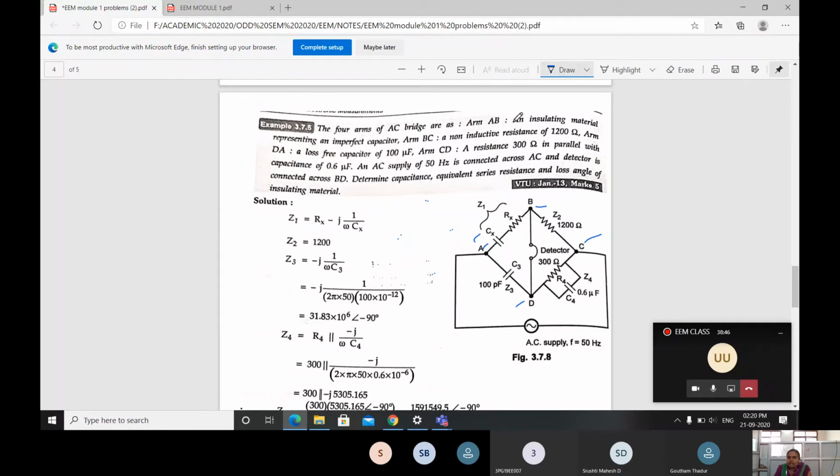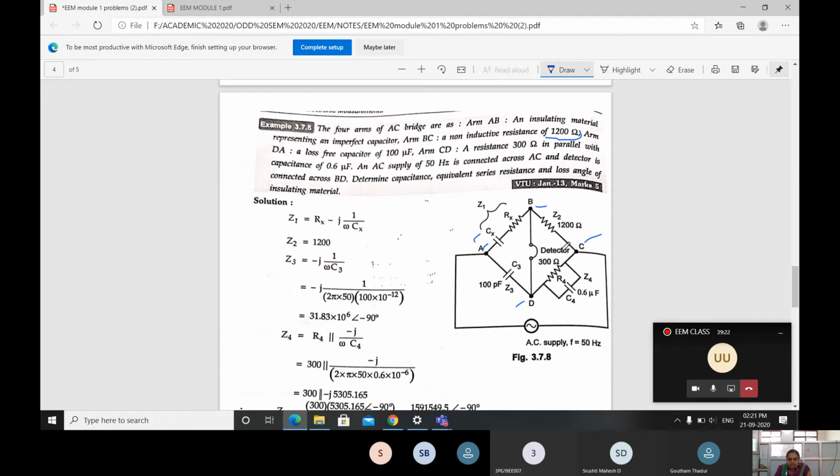Arm AB is an insulating material representing an imperfect capacitor, that is, a resistance with the imperfect capacitor. For that reason, Rx and Cx are connected. Across BC, a non-inductive resistance of 1200 ohm. Based on the given problem, ohm indicates it is a resistance, so go with the 1200 ohm resistance.